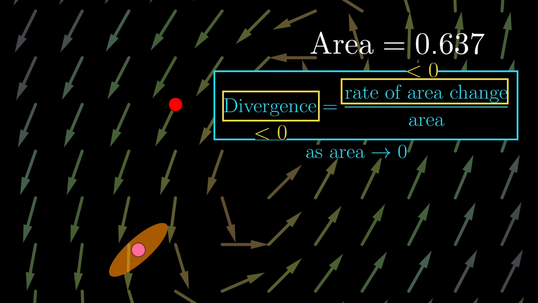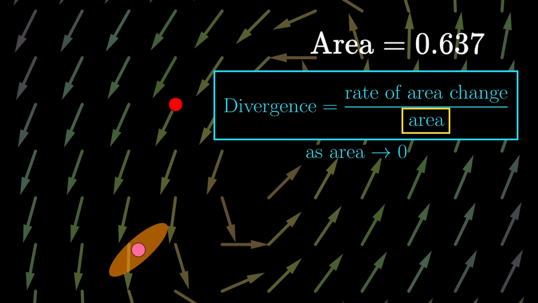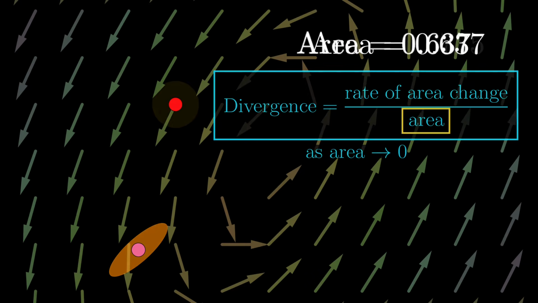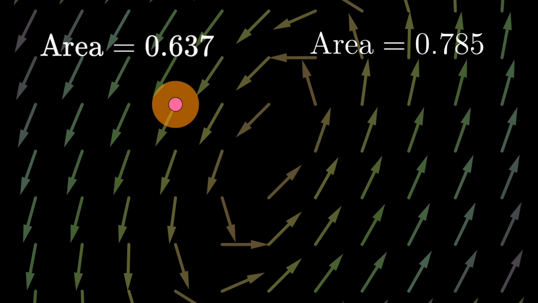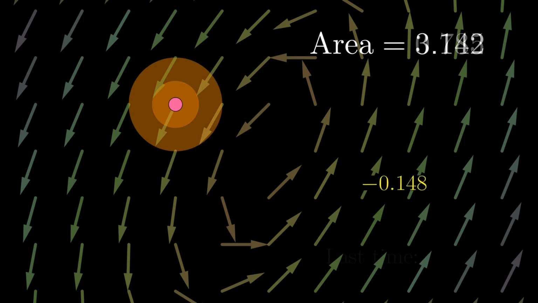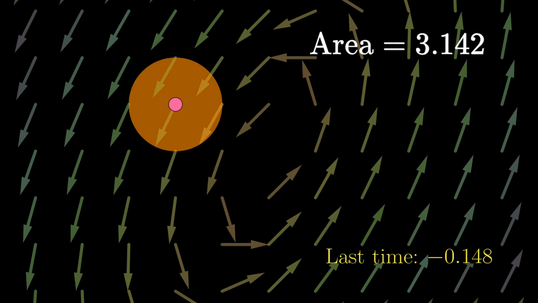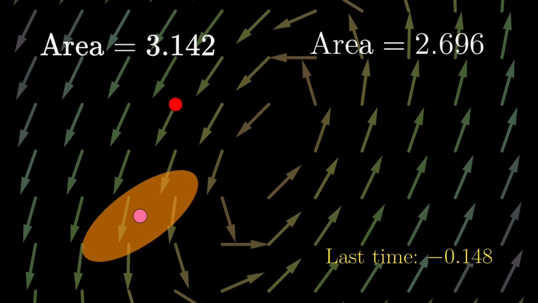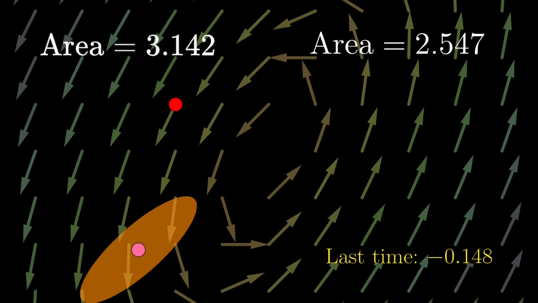However, one reminder is that this rate of area change is per area. In this case, if we compare the final area with the initial area, we can record a change of negative 0.148 during the evolution. Now, if we quadruple the initial area, and again play the same game and let this area evolve under the flow of the vector field, this time we record a change of negative 0.595 in area.